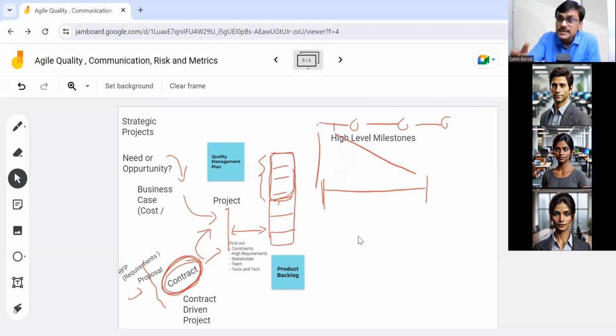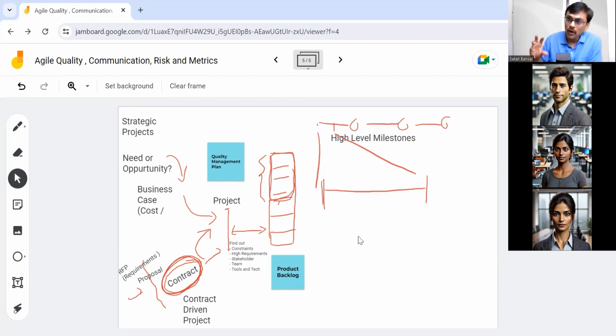Assuming you are a vendor or support company, the customer is someone else, but your contract may also involve 6 months of support after the project gets over. You disperse the project team, but if there are a lot of defects coming during those 6 months, you are in trouble. You can say, guys, I'm spending more money in these 6 months than on the project. Or if it is your own company, then you also need to maintain it.